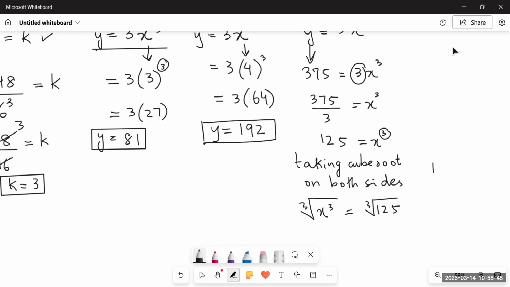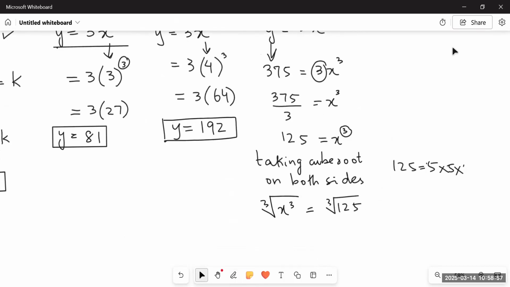And you know, 125 is a perfect cube of 5. 5 fives are 25. 25 fives are 125. So this cube root will cut the cube and it becomes x is equal to cube root of 125, which is 5. The answer would be 5.